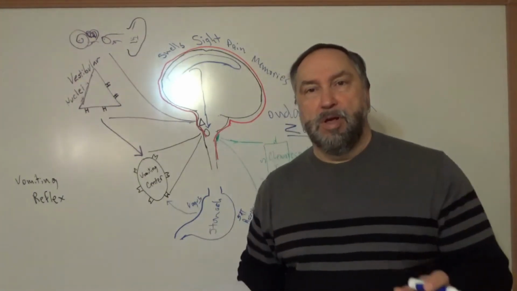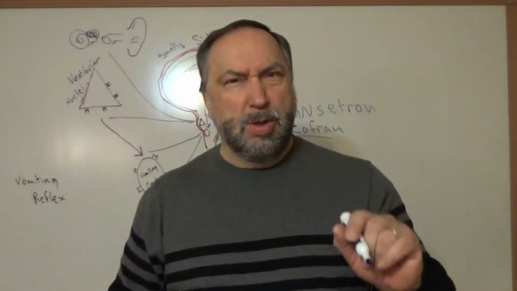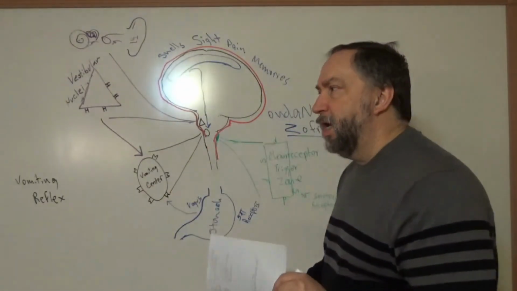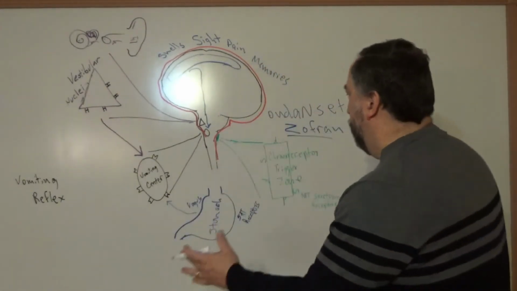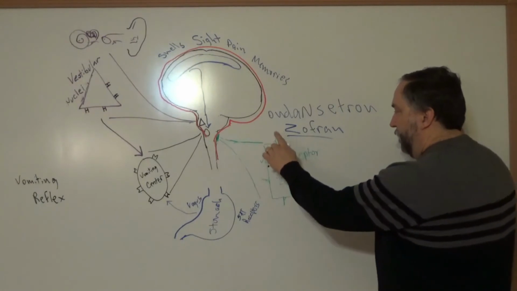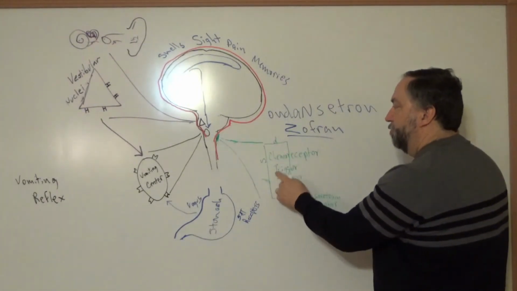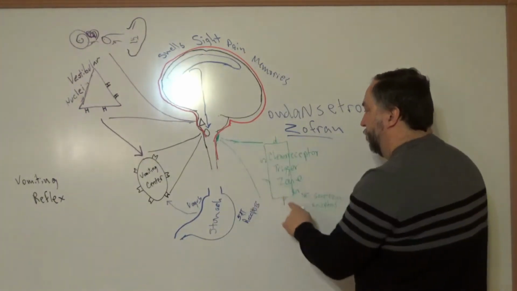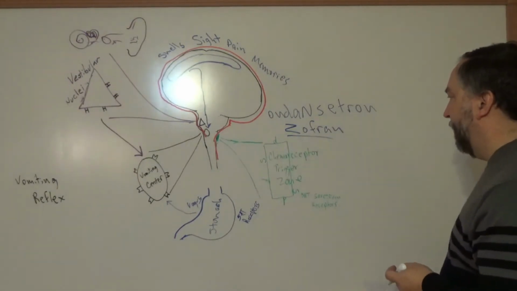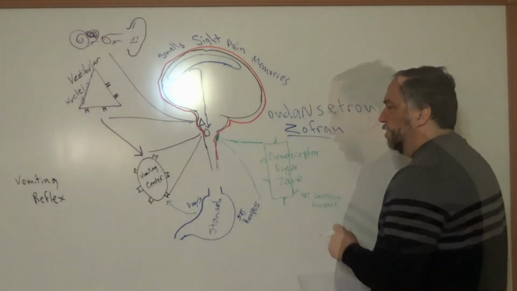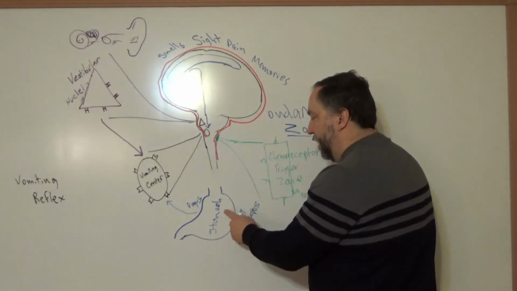I want to talk about a couple other ones here, and that's metoclopramide. Because metoclopramide has a little bit of a unique action. In one sense, it blocks the dopamine 2 receptors, which are here on the chemoreceptor trigger zone, so it can decrease the stimulation in the chemoreceptor trigger zone, so it will work when you're giving medicines and things like that. But it does something else, and that is that it stimulates activity down in the gastrointestinal tract.